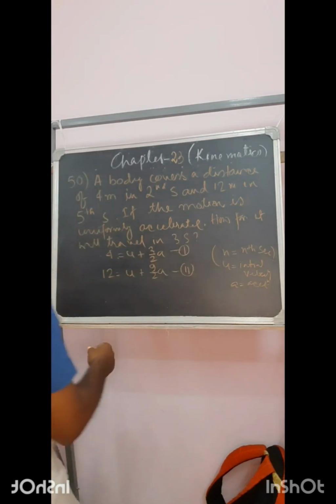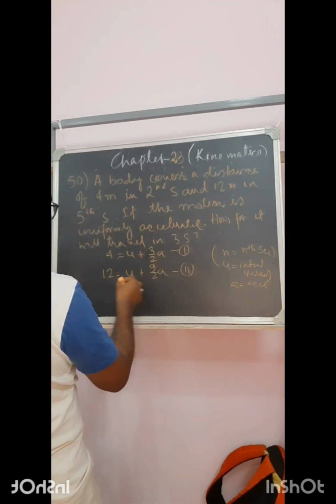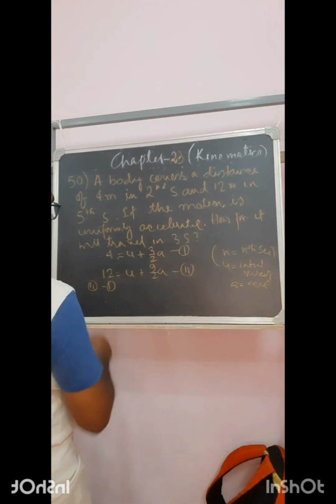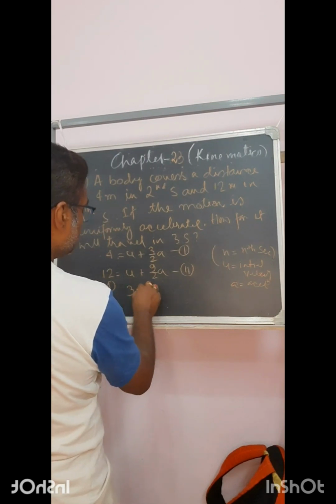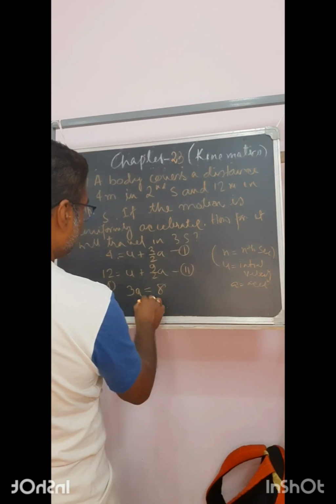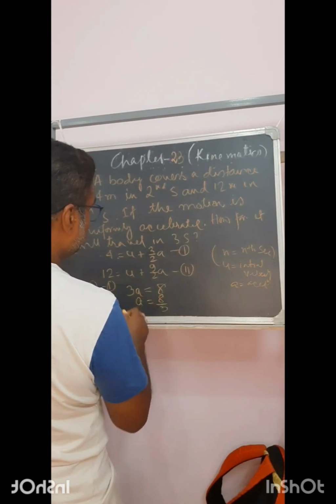So from this you can solve it. If I deduct first from second, this minus this is equal to 6 by 2, that means 3a is equal to this minus this, which is 8. So a is equal to 8 by 3.